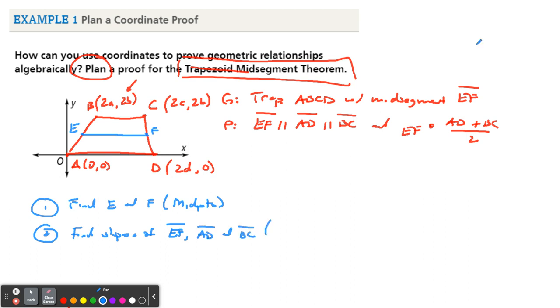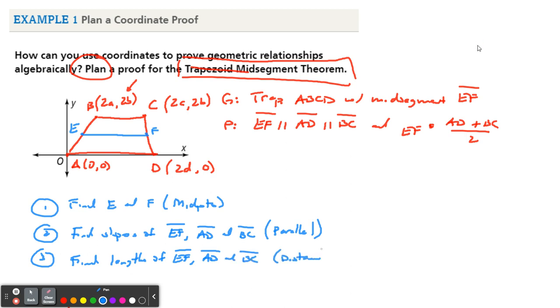And again, it's about being parallel, right? To show them parallel. And then the third thing, to show the EF is equal to AD plus BC divided by 2, is I have to find the lengths of segment EF, AD, and BC. And again, that would be using the distance formula, which is just Pythagorean theorem. And this is the plan.